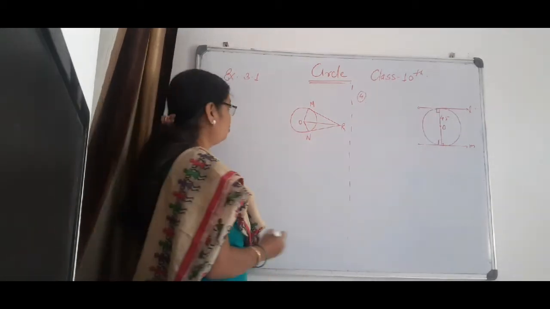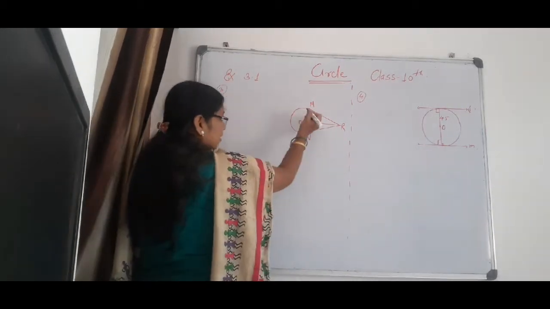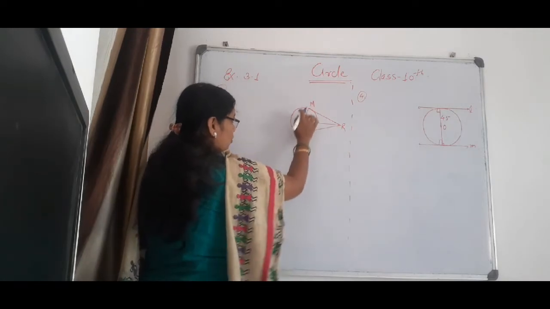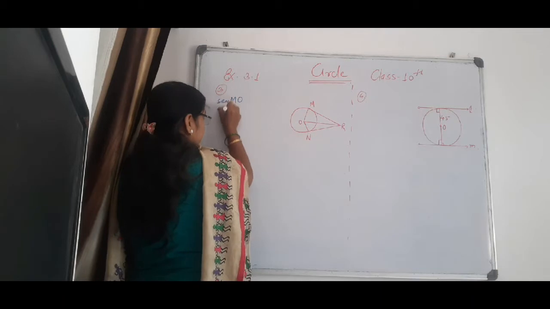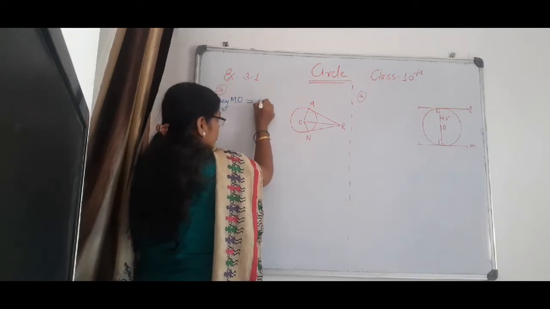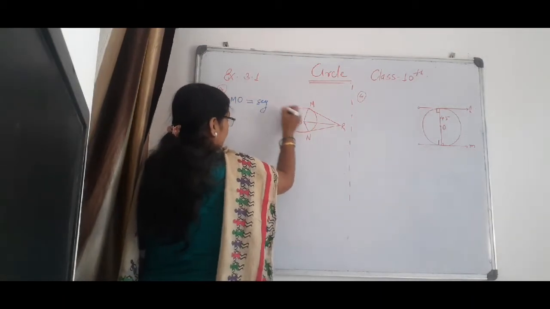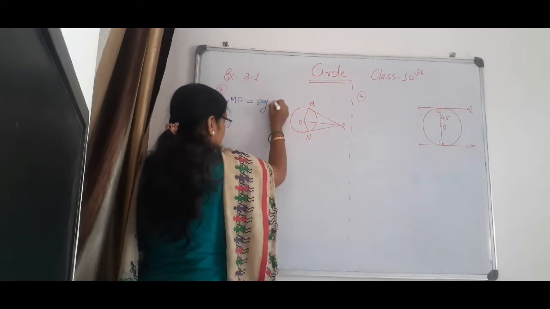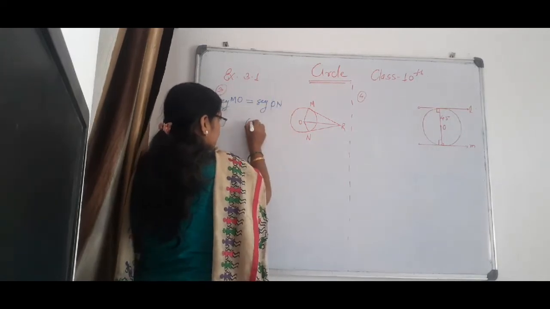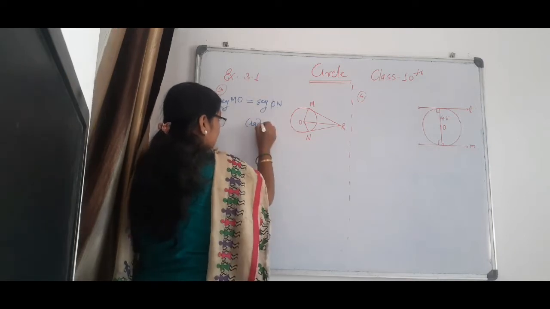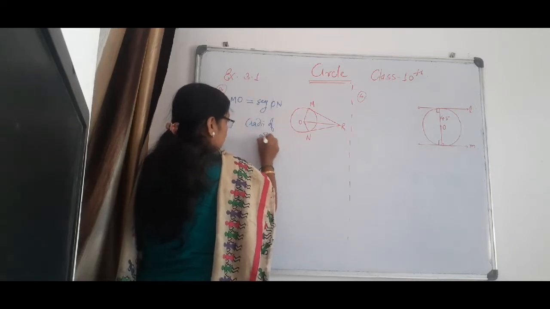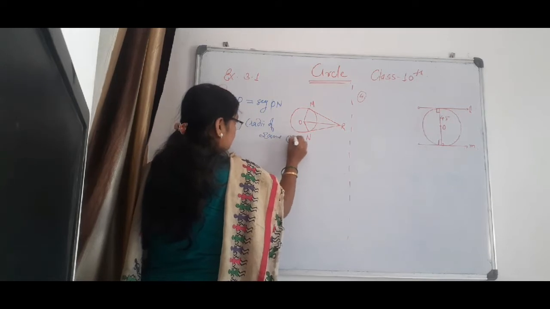Now let's start the proof. In a circle, MO and ON are what? Segment MO is congruent to segment ON. What is this? Radii of the same circle.